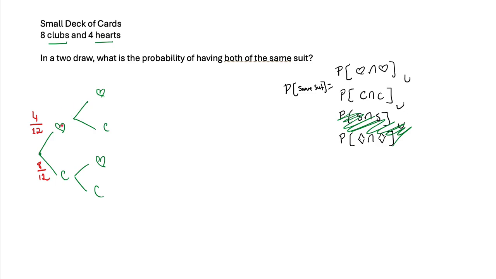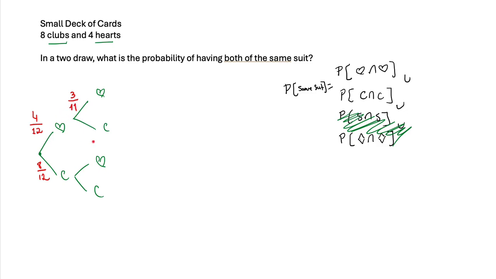So given that I took a heart, how many hearts am I left with? Well, 3. So the numerator is the number of events in my interest, and I'm left with only 3 hearts, okay? Over the amount of total cards. For the second draw, the amount of total cards is actually 11, okay?